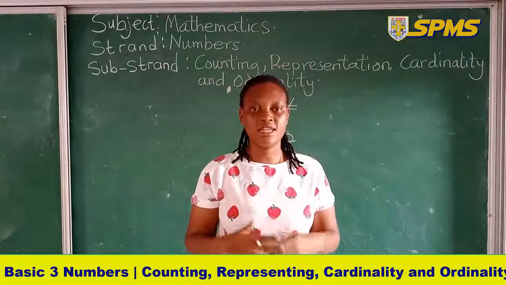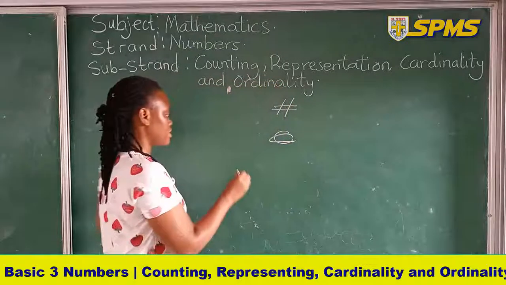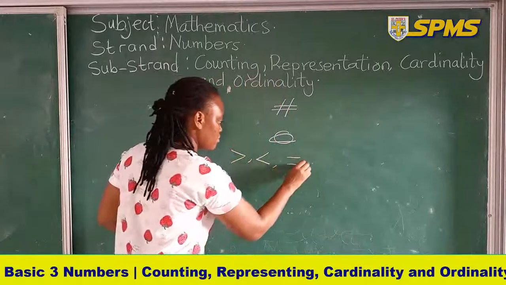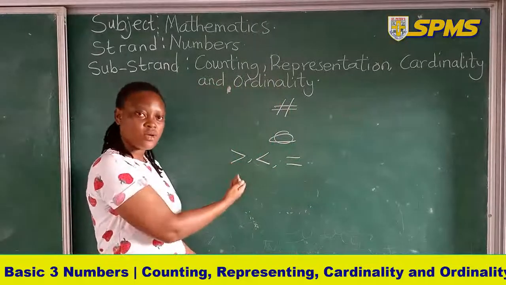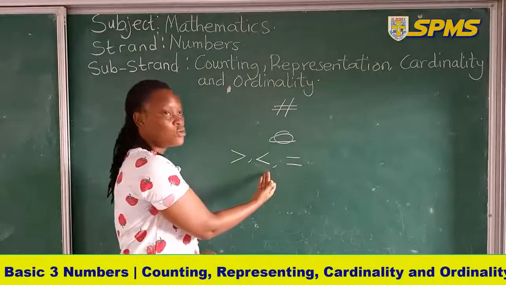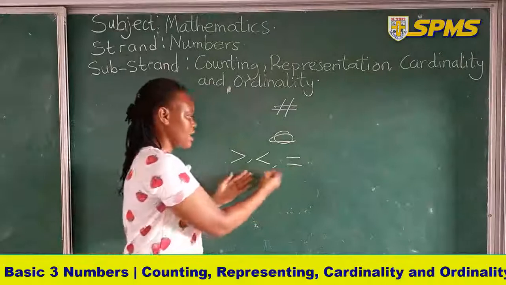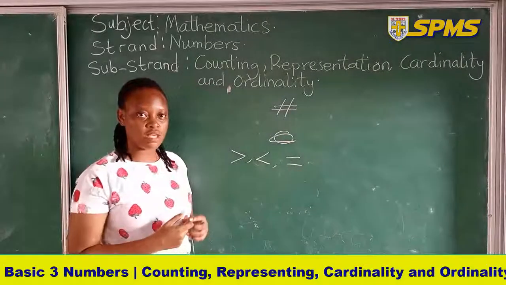So in this lesson, the symbols that we'll be using are these. When I put this here, you understand what I'm trying to mean. This is a sign that is representing what I want to say.